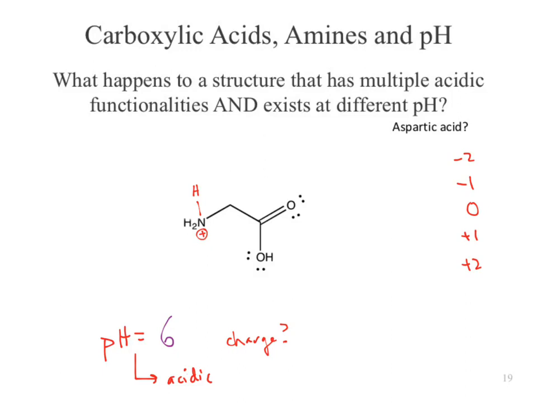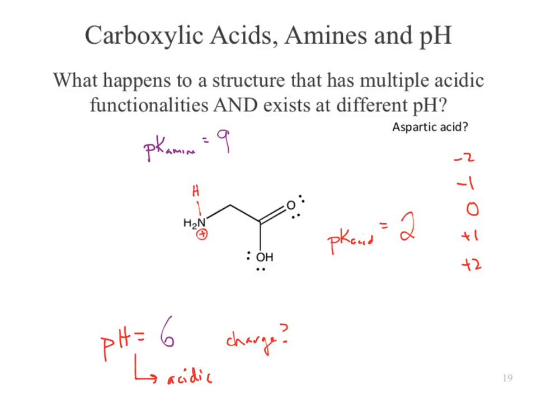So it becomes really important now to know about the relative acidity and basicity strength of the amine and the acid. This is why it is important to know pKa's. The pKa of the amine is about a 9. The pKa of the carboxylic acid for an amino acid is, oh yeah, you're right, it is 2.